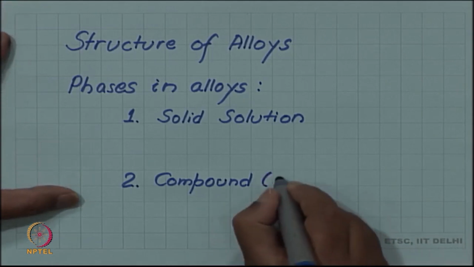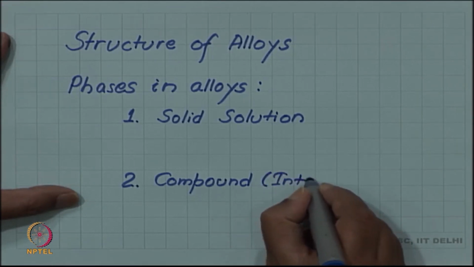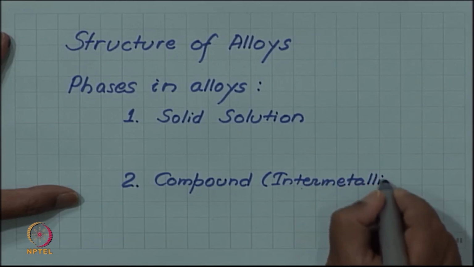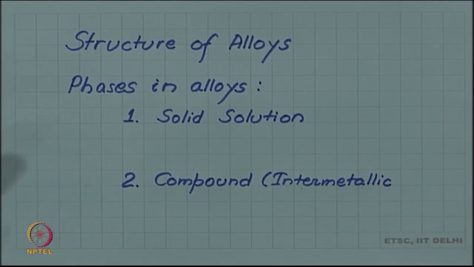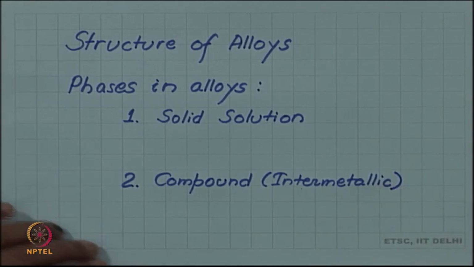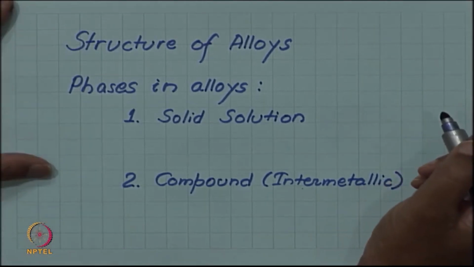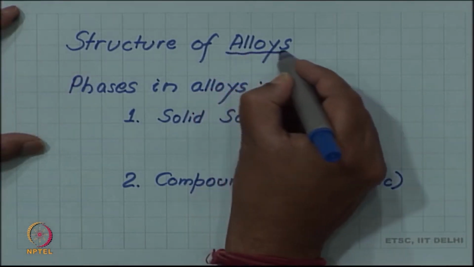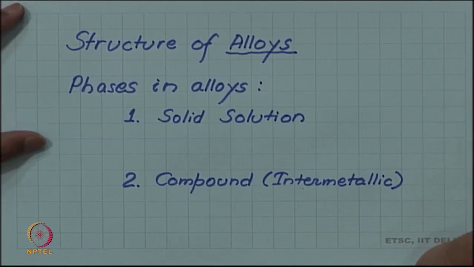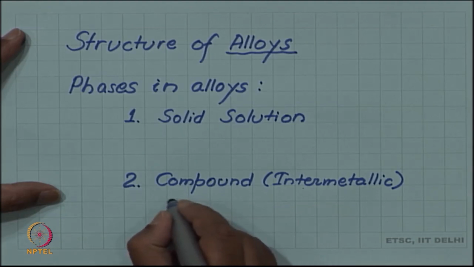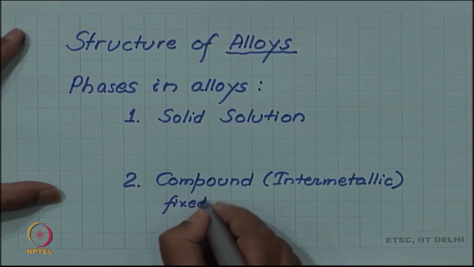Sometimes called intermetallic compound, or simply intermetallics. Let me call it intermetallic compound. Both of them, since they are a structure of alloys, consist of more than one element. So, in the compound, the composition is fixed. So, compound is made up of fixed composition.